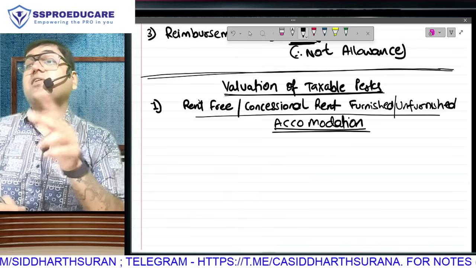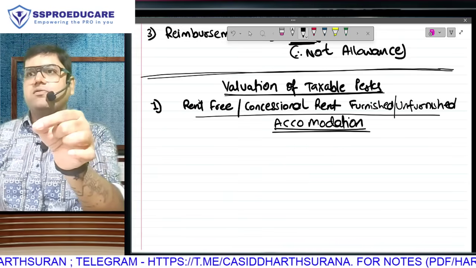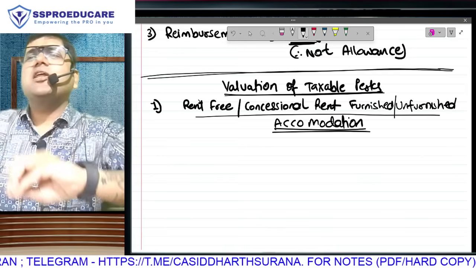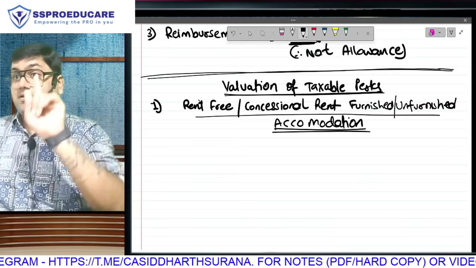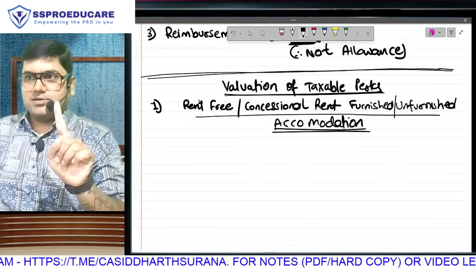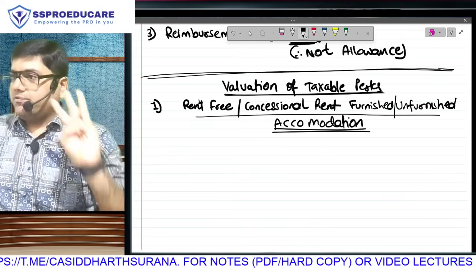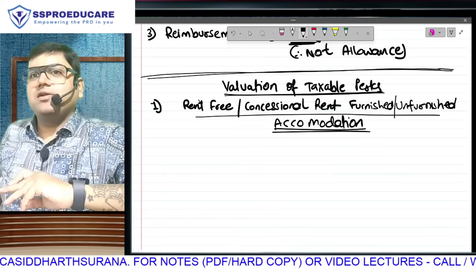And there can be rent free or concessional rent. The 4 possibilities are: rent free furnished, rent free unfurnished, concessional rent furnished, and concessional rent unfurnished. The calculation of all 4 will be done in one chart.